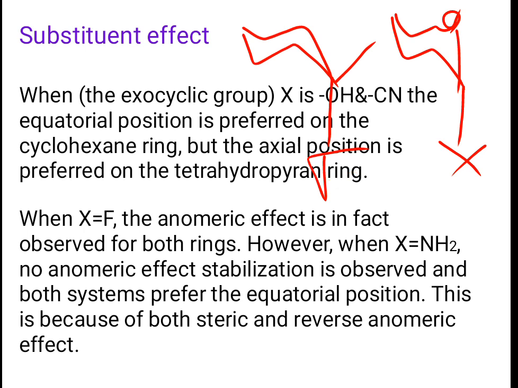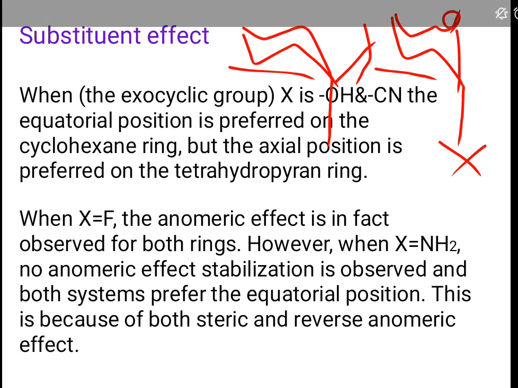If X is NH2, then in both cases, in cyclohexane and in the tetrahydropyran ring, NH2 will adopt this equatorial position. This is because of both steric and reverse anomeric effects. We will learn what the reverse anomeric effect is after a minute or two.